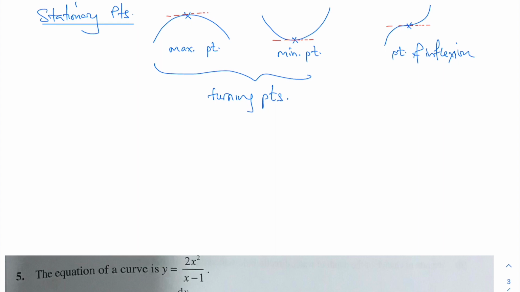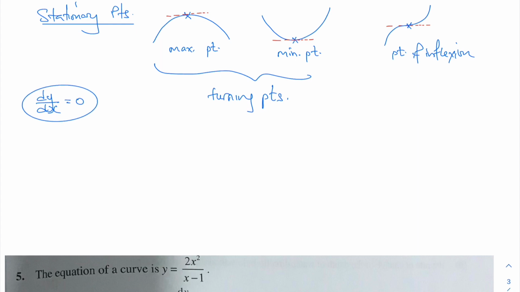Okay. Now, for all these stationary points, the tangent is a horizontal line, meaning the gradient of the curve at these stationary points must be equal to 0. So this is what we already learned earlier. The gradient is 0.